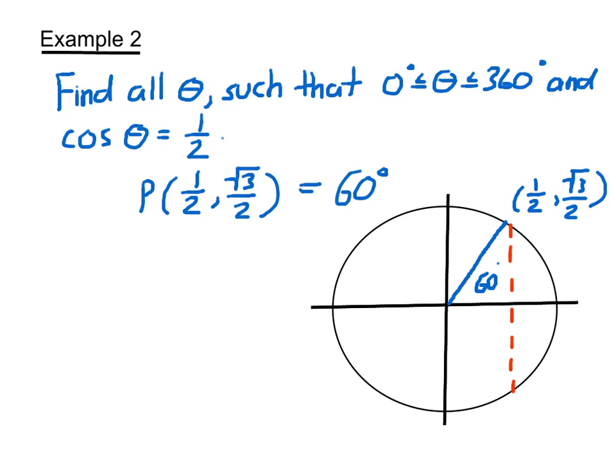So if we drop a line straight down from this first point and then draw the corresponding angle, I know that this wedge right here is 60, so everything that's left over has to be 300 degrees.